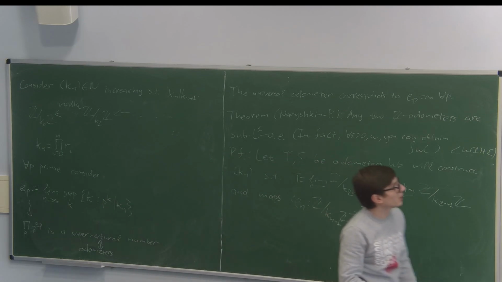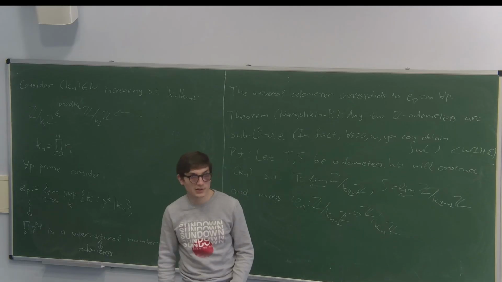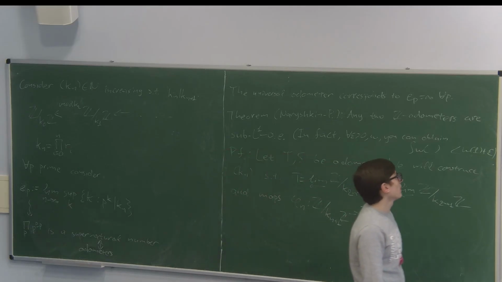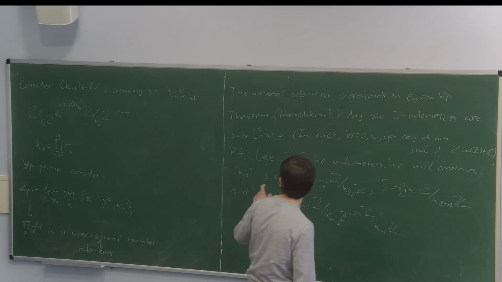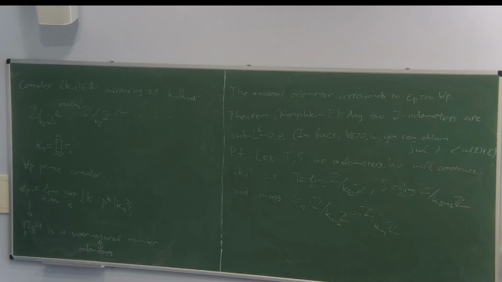And now the question that arises is, can you use similar techniques, or maybe other techniques with a similar flavor, to get more than odometers? There are two natural candidates for this.